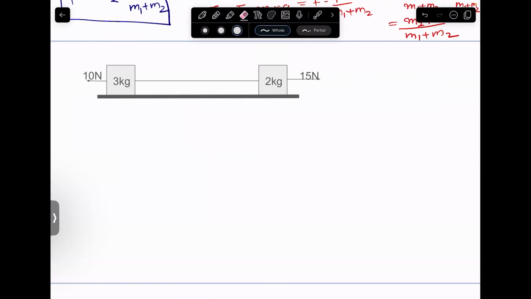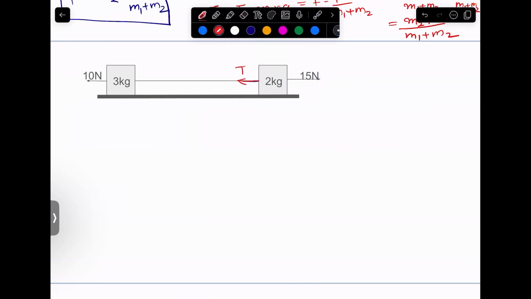So what is happening over here? Because of this 15 Newton force acting towards the right direction on this 2 kg block, what will happen? There will be a tension force acting to resist the pulling. So that is T here.